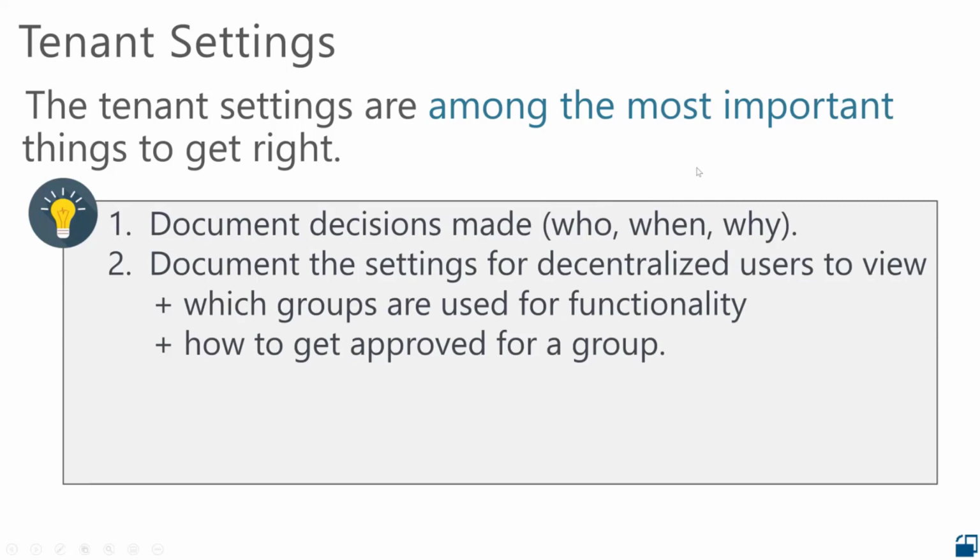And I also want you to make that documentation available to your user population. So your decentralized users, the ones that would otherwise have no idea why some feature they're reading about online isn't actually working. And then where it's appropriate, and a perfect example of this is push apps to end users.